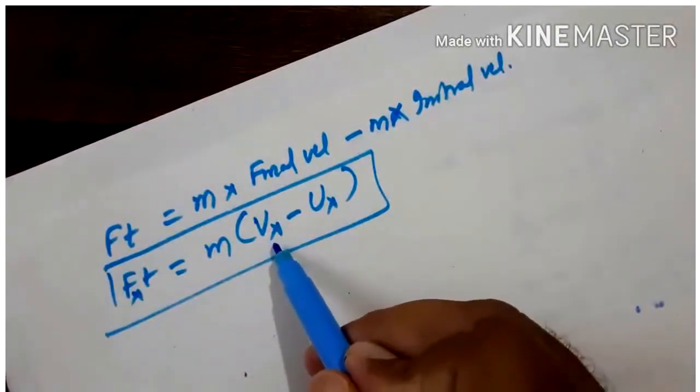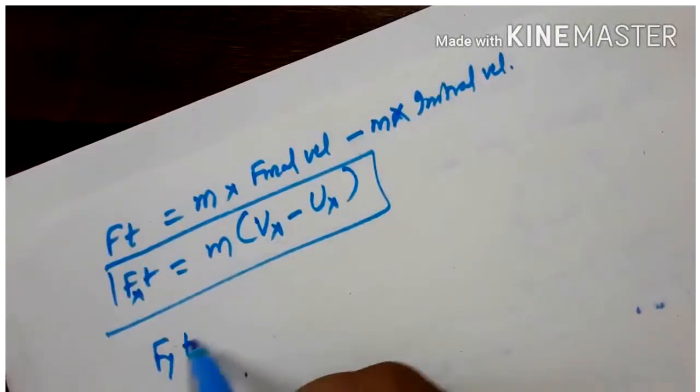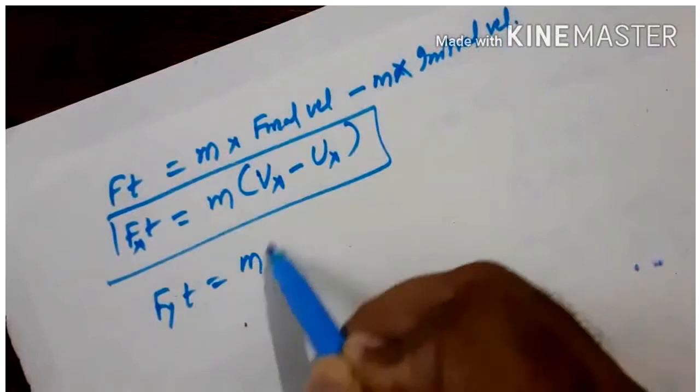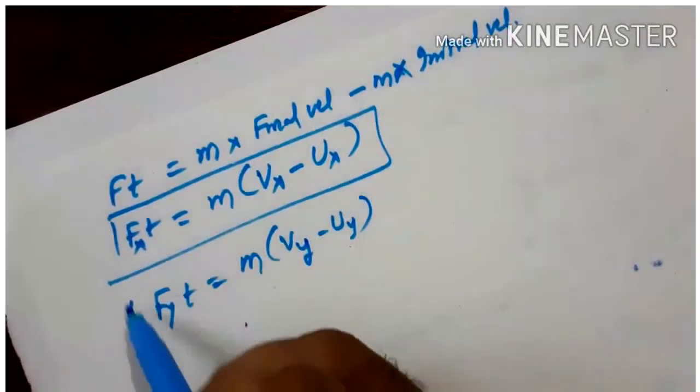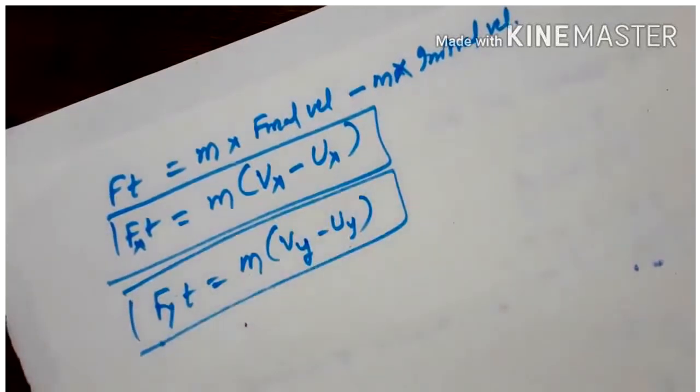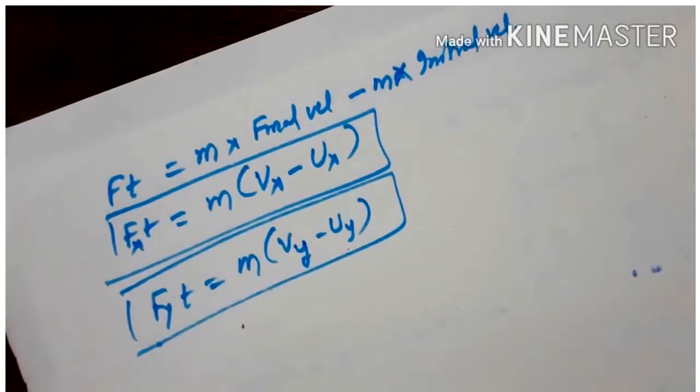If you are calculating force in the y direction, it is mass into Vy minus Uy. Okay, so this is the impulse momentum equation.